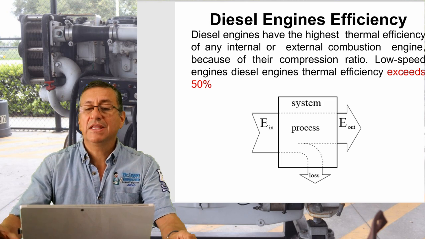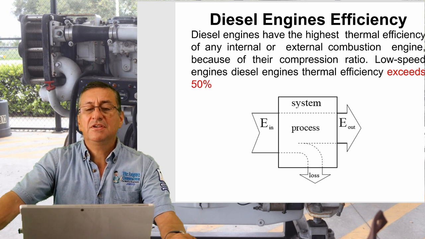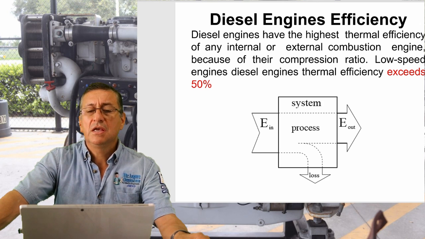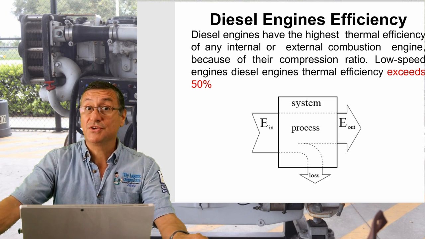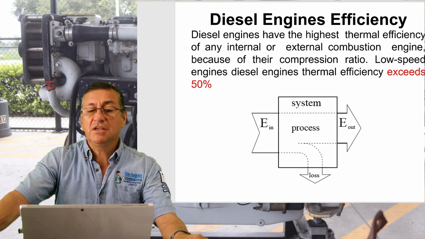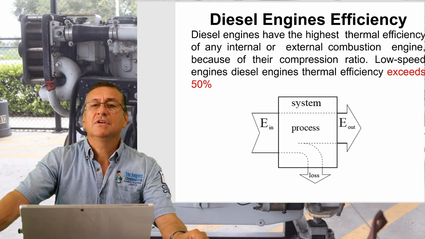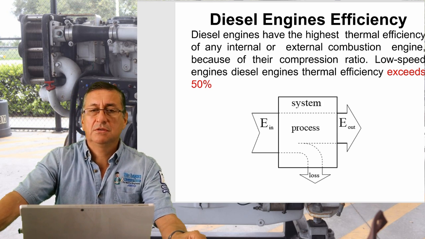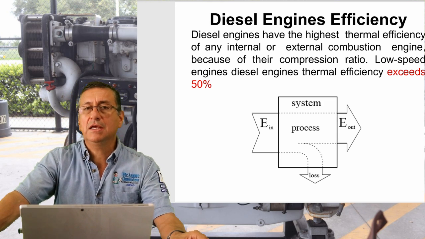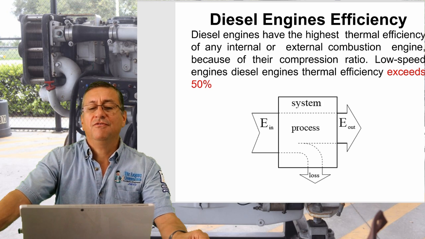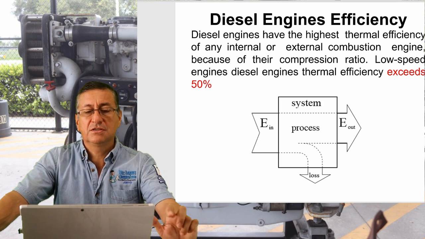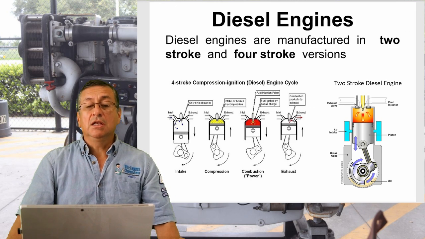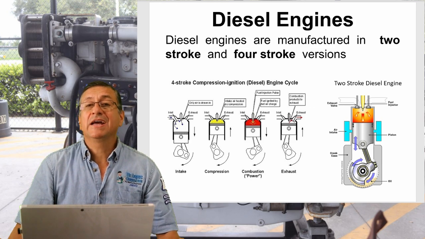Diesel engines have the highest thermal efficiency of any internal or external combustion engines because of their compression ratio. Low speed diesel engines, the thermal efficiency is superior to 50%. It's superior. It's more than 70, more than 80. Highly efficient engines. All right, diesel engines are manufactured in 2 strokes and 4 strokes.